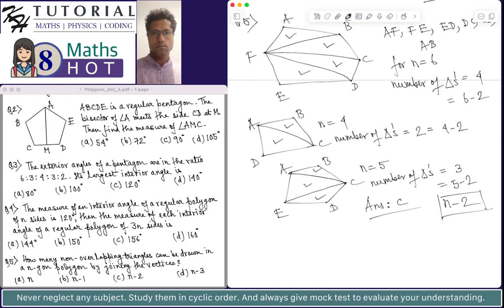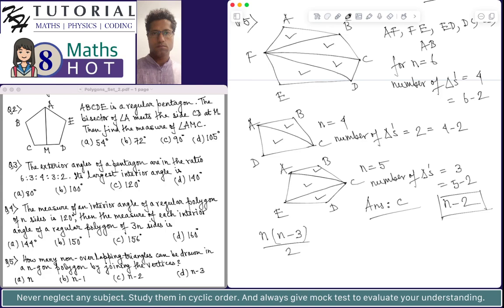I was initially thinking whether it is related to the number of diagonals of a polygon of n sides. We know that the number of diagonals of a polygon of n sides is n into n minus 3 divided by 2. So this is the number of diagonals. Now from the number of diagonals, is it possible to find the number of non-overlapping triangles?